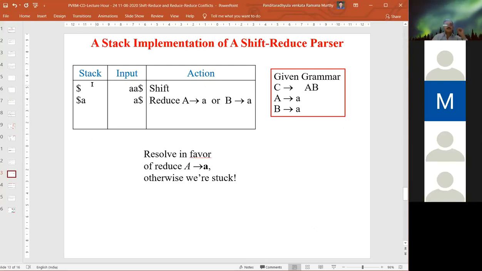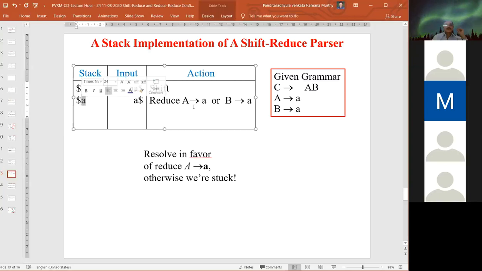Say the action is to reduce A derives a, or B derives a; the a will be replaced by the left side of the production, because here we have two rules: A derives terminal a, or B non-terminal B derives terminal a. This handle we are observing on the right side of two rules.